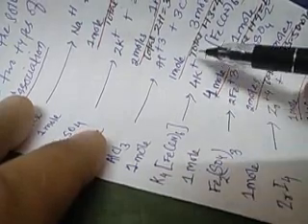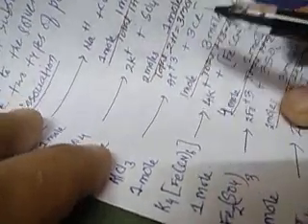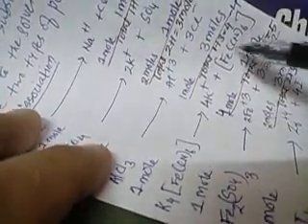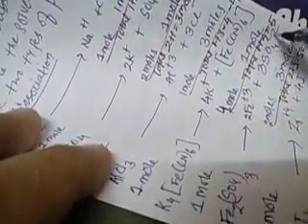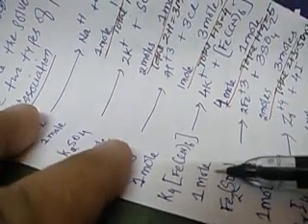When we take 1 mole of K4[Fe(CN)6], we get 4K+ and [Fe(CN)6]4-, that is 4 plus 1, a total of 5 moles of particles generated.